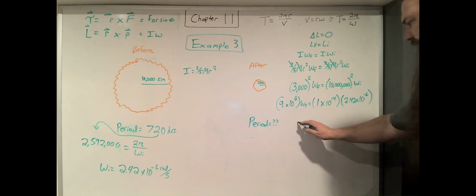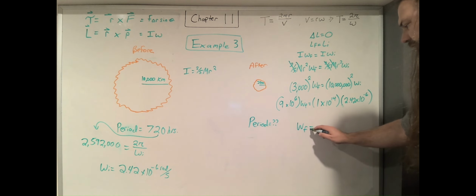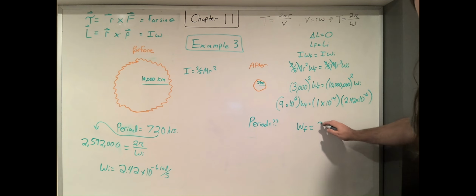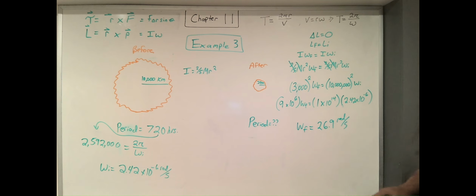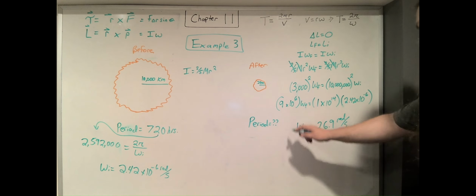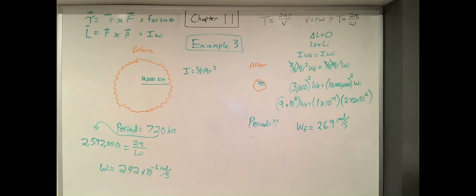That should give me a nice, easy number of 26.9 rads per second. Hopefully that was right. Don't box the answer because that's not what the question was asking for.